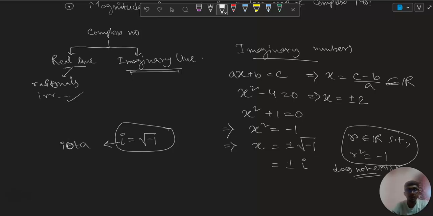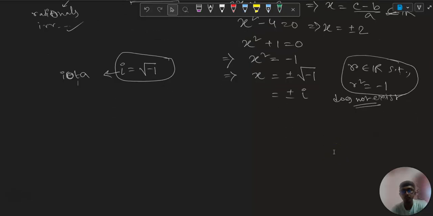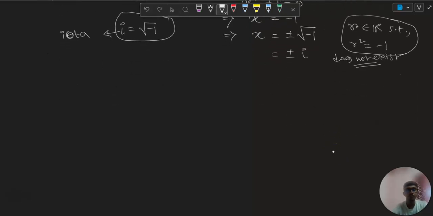And this is the backbone of the imaginary line. Using it, we define the imaginary line. Now, this iota has some properties. We'll come to that, like how we construct the complex numbers. There are some properties of iota, right?